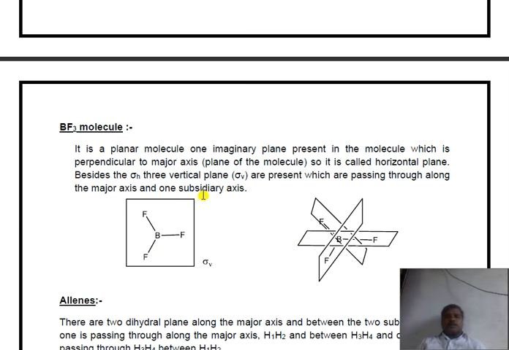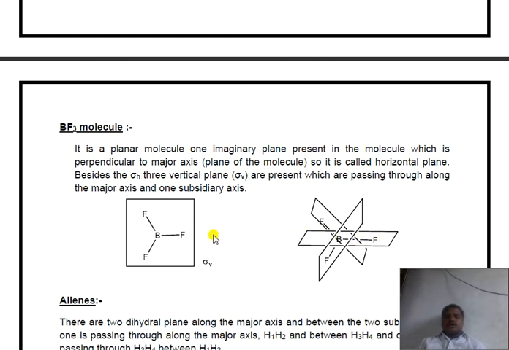There are three planes of symmetry parallel to the principal axis, sigma v1, like this one, this one and this one.